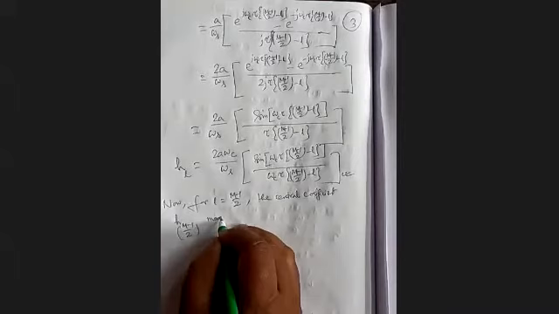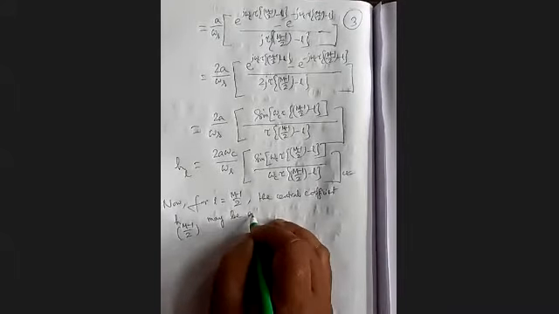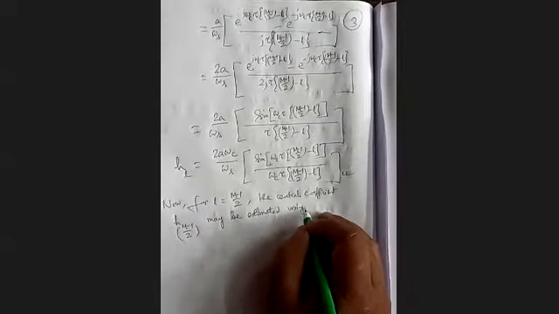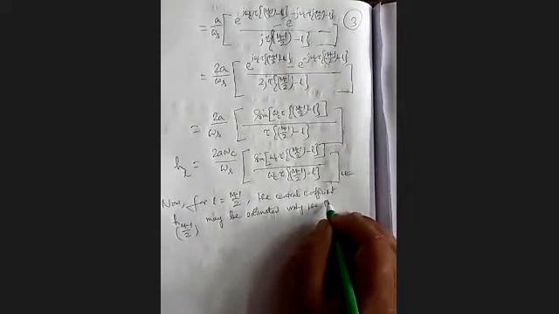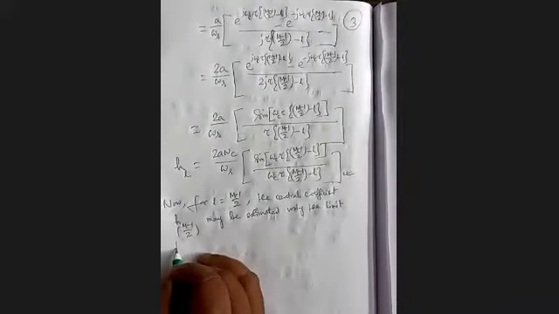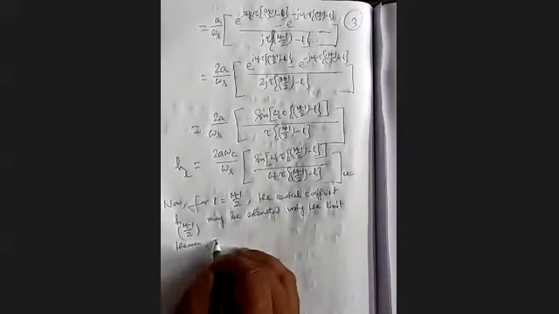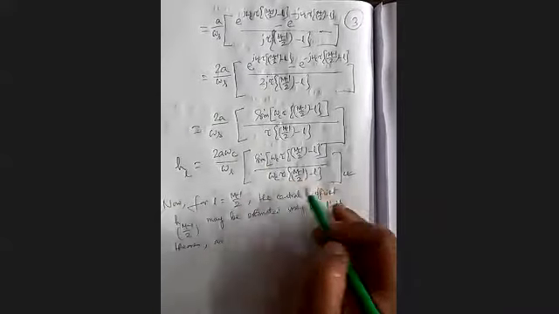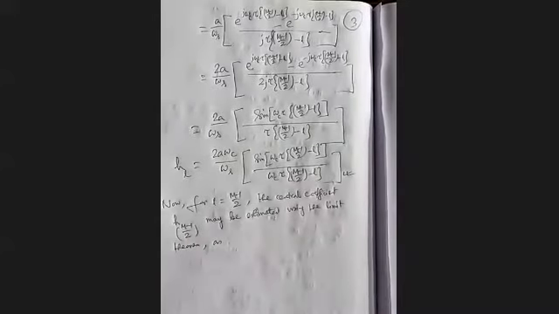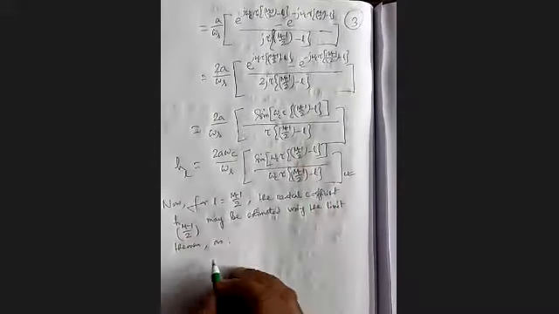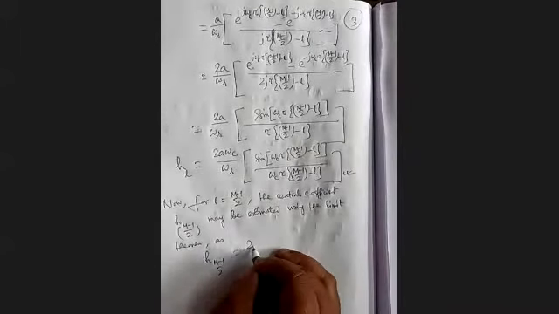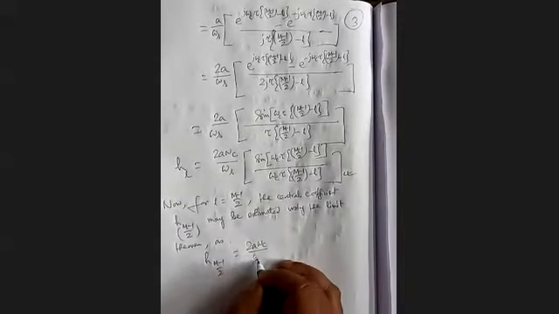It may be estimated using the limit theorem. That is sine theta by theta, theta tends to 0. When L equal to m minus 1 by 2, sine theta by theta, theta tends to 0, means it is 1. So our h m minus 1 by 2 must be equal to this part only: 2a omega c by omega s.